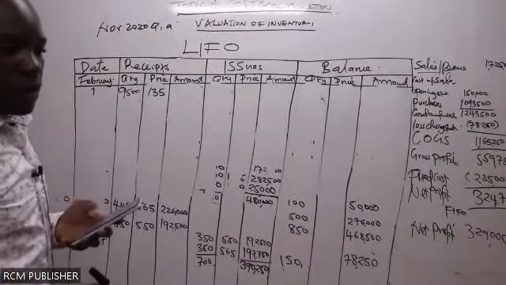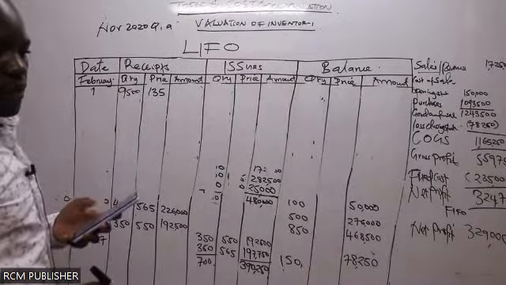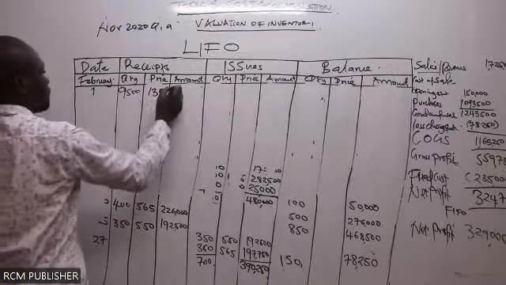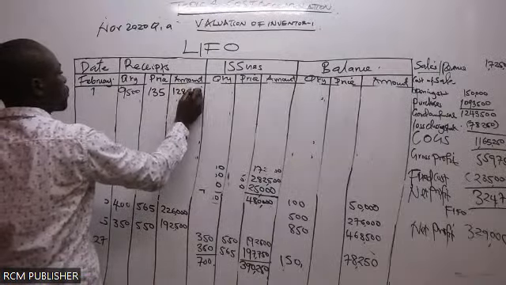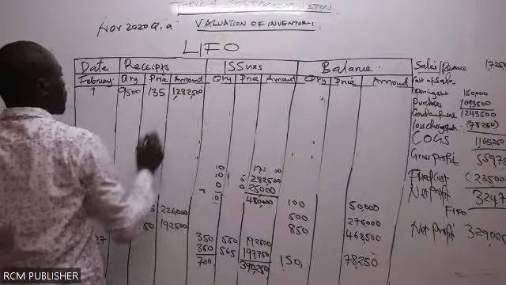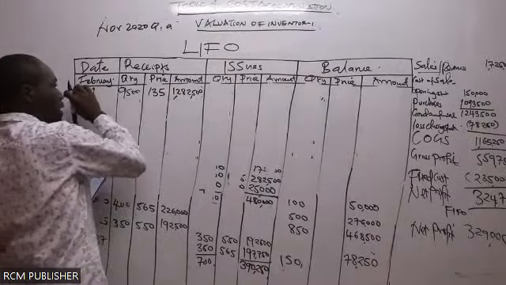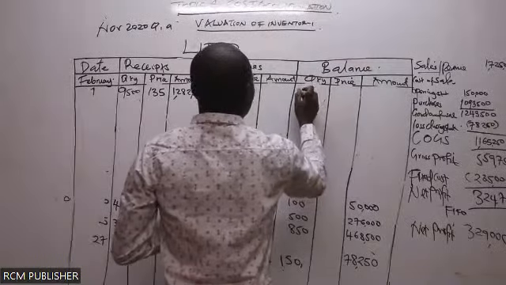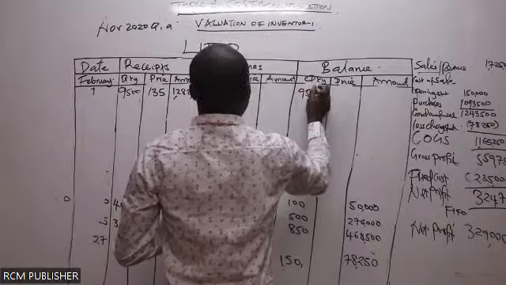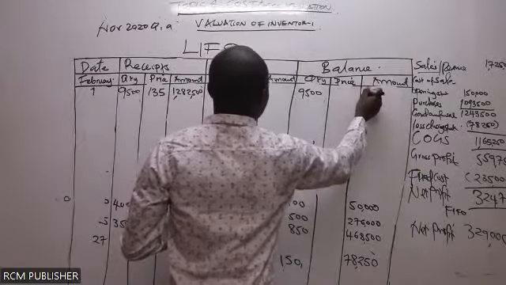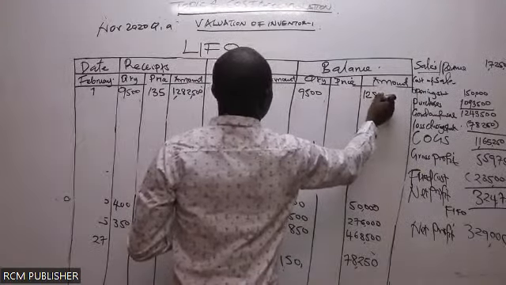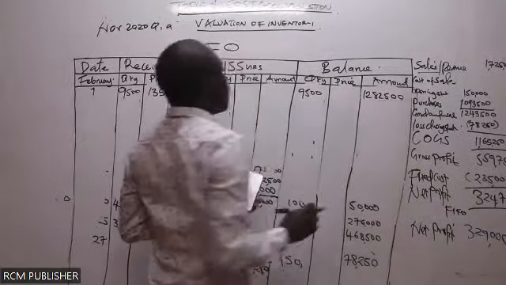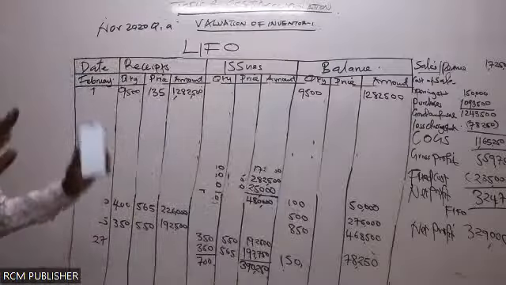We have 12,82,500. That's what we transfer. You first of all complete that transaction. It is there in the store. 9,500 at 12,82,500. You are through with the opening stock.